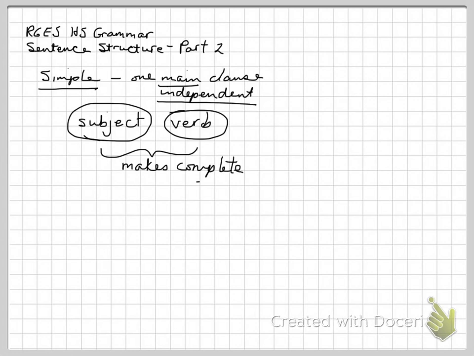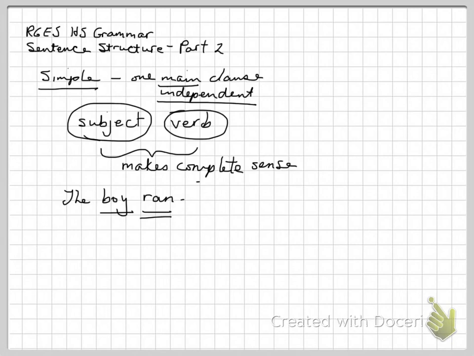It is independent. It doesn't need any more. It's not lacking any more information for me to totally understand what you are doing, what you are saying or talking about. So an example of a simple sentence with one subject and one verb could be as simple as the boy ran. Boy is the subject, ran is the verb. It could be complicated, like the little boy in brown with brown hair ran around the block.